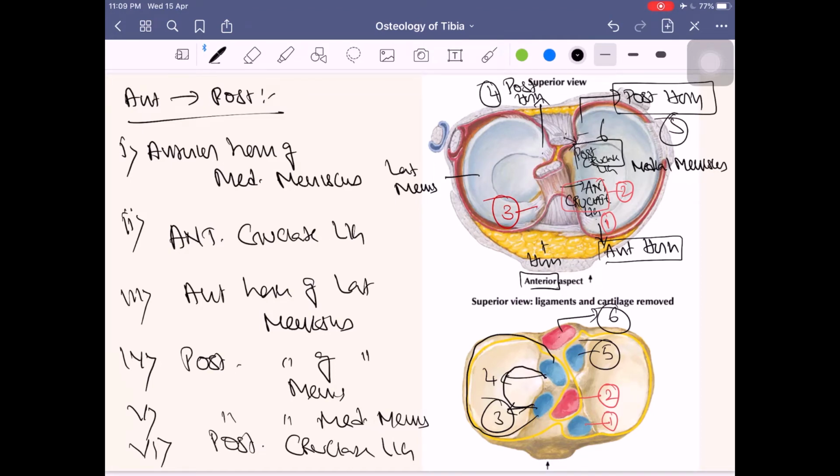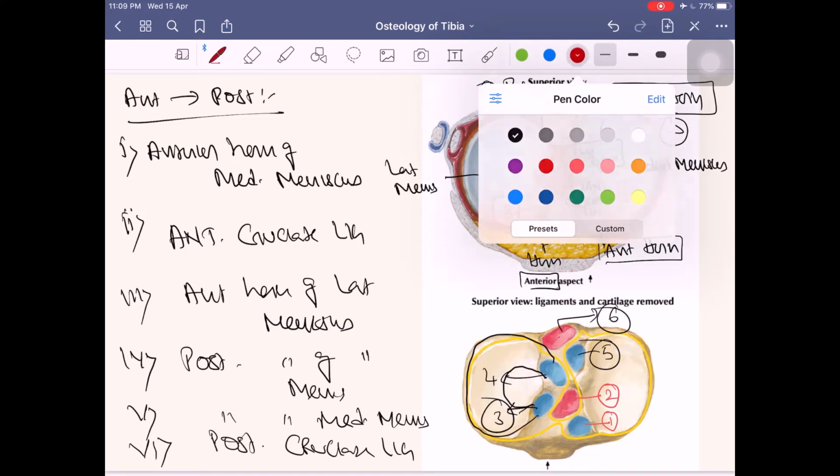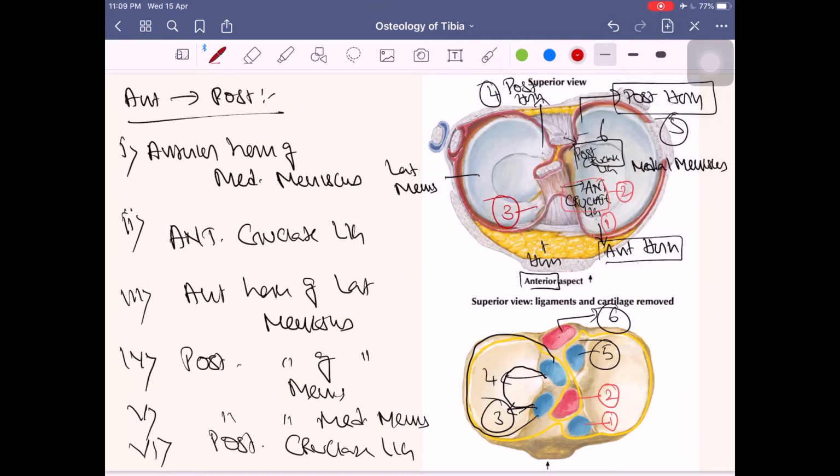Now how to remember this order? There is a simple way to remember it, and that is a mnemonic. We call this the horn part: all anterior will be anterior, all back is posterior. So what do we remember? M. Here you have medical, M is your meniscus, so medial meniscus, medical college, then cruciate, and again here you have lateral meniscus.